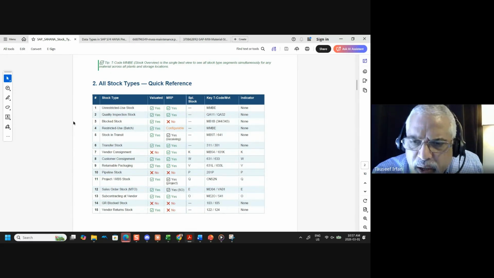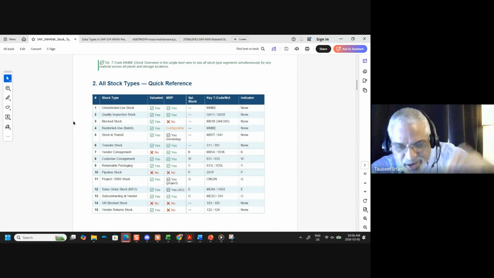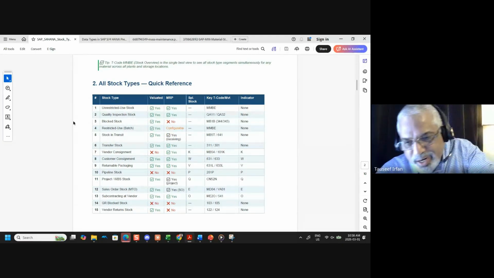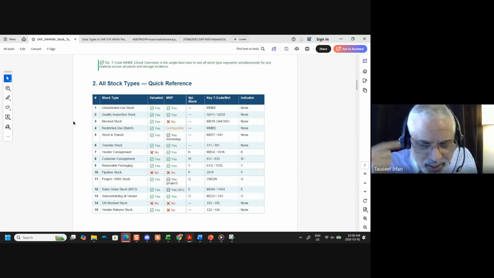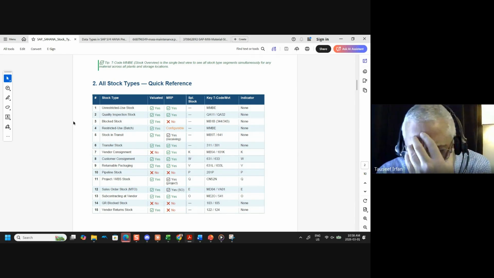Warehouse is very important. I love one of the posts from the Kinaxis CEO two weeks back. I love that statement. He says, supply chain is not in the cloud. Supply chain is in the warehouse floor. Those who have worked on the warehouse floor, those who have worked on the production floor, their understanding of supply chain is different from those who have studied it sitting in the cloud.